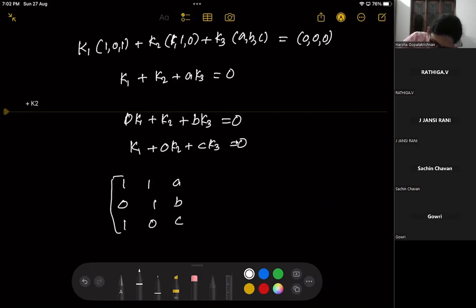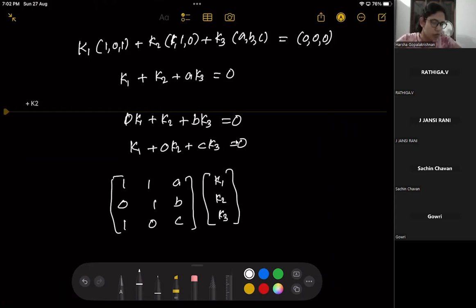So you know how to write like this, right? Okay, like this you can write here.